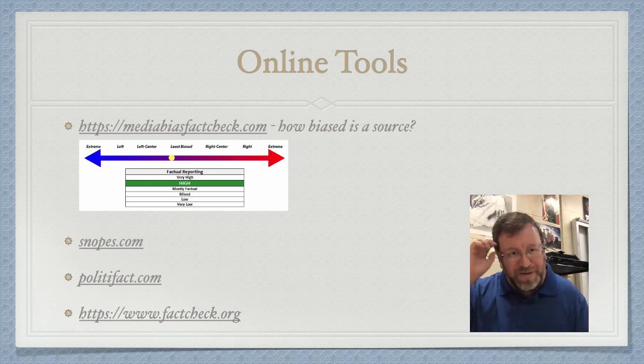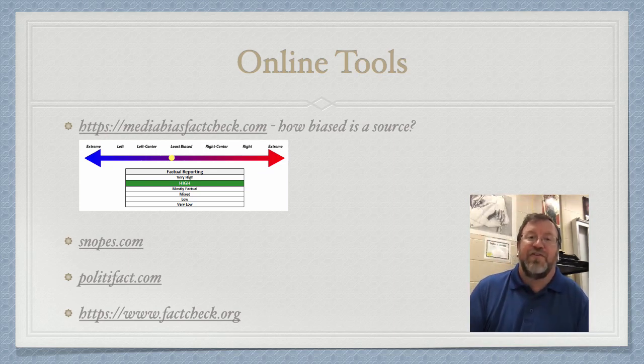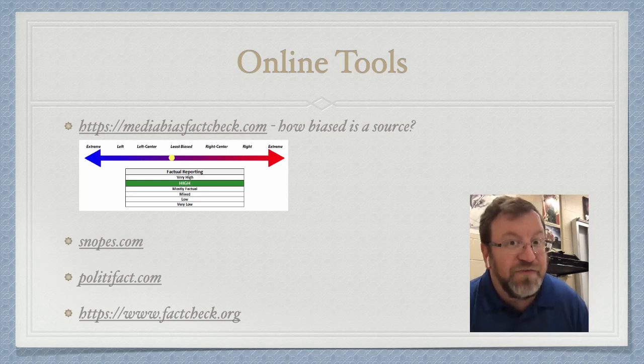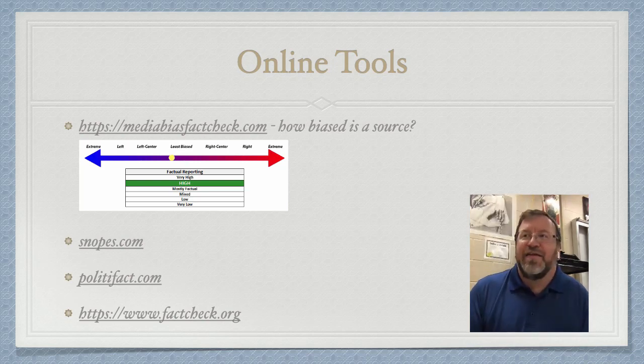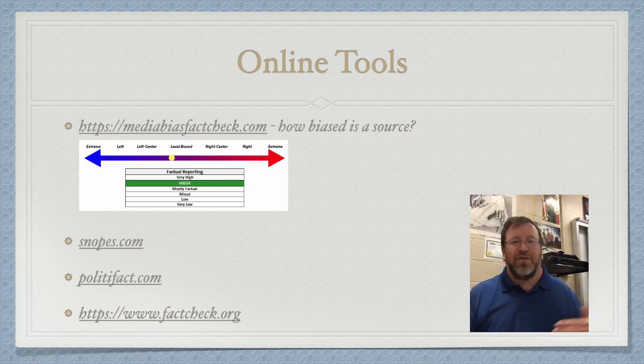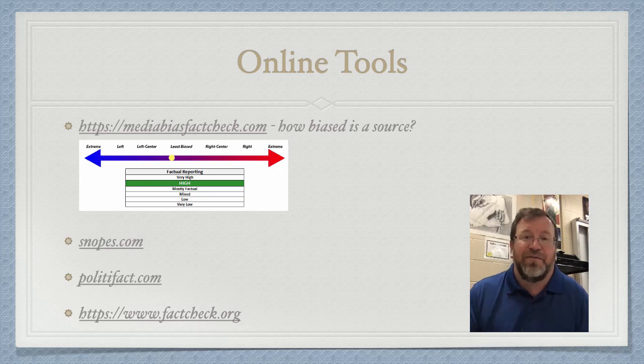There have been so many articles that my friends have shared, even other science teachers, that you look this up and it says not only very low, it'll say conspiracy website, pseudoscience. I don't even bother reading the article. It's just pointless at that point.